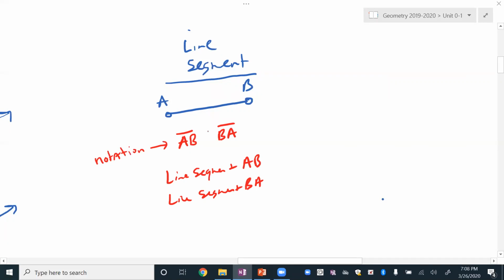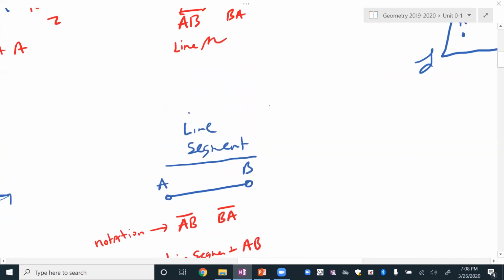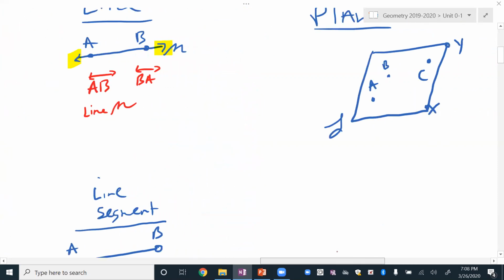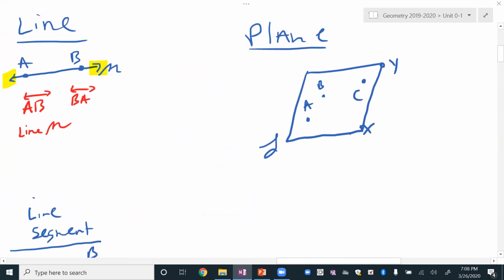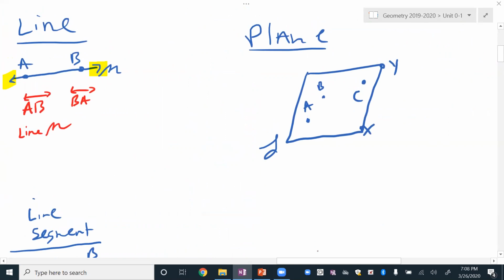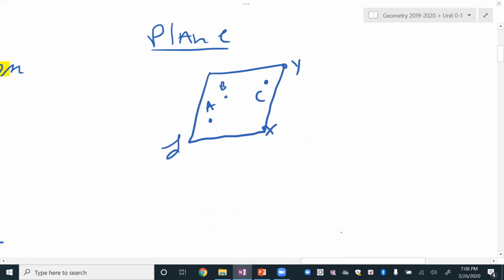Okay, next part. We have something called a plane. So what is a plane? A plane is a setup of three points on the same surface. If we've got a piece of paper, and I drew my blue piece of paper right here, and points A, B, and C were on top of it, this would be considered plane ABC.